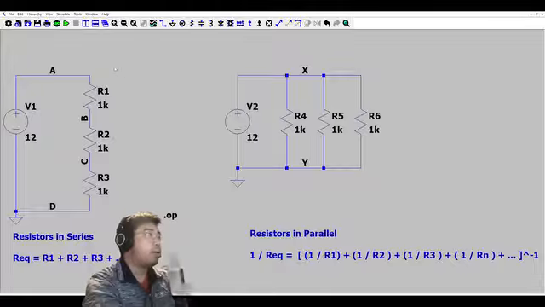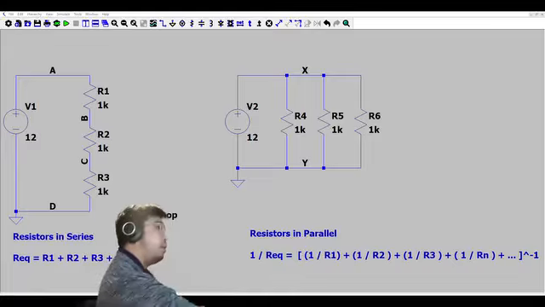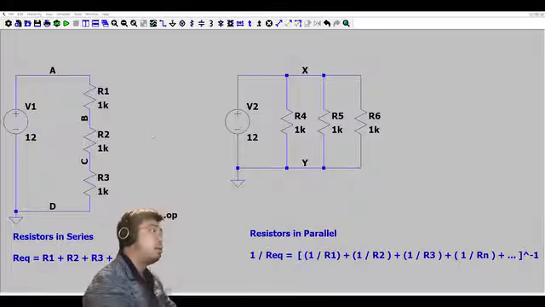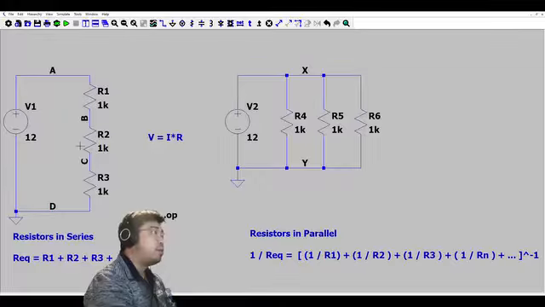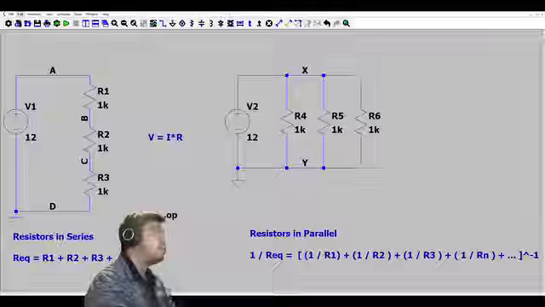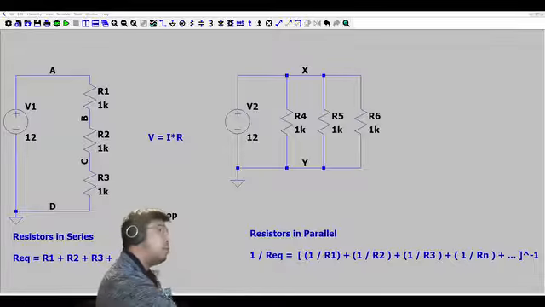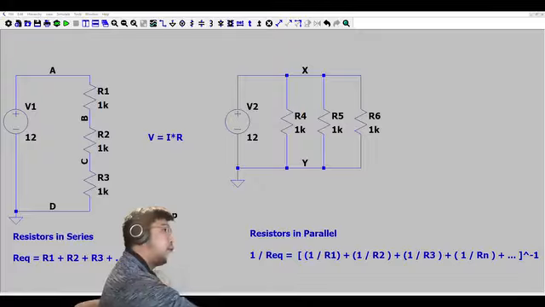And if we're going to use the V equals I times R equation, let's have that over here: V equals I times R. If we substitute 12 volts into V and R is 3 kilo ohms, 12 volts equals I times 3 kilo ohms.